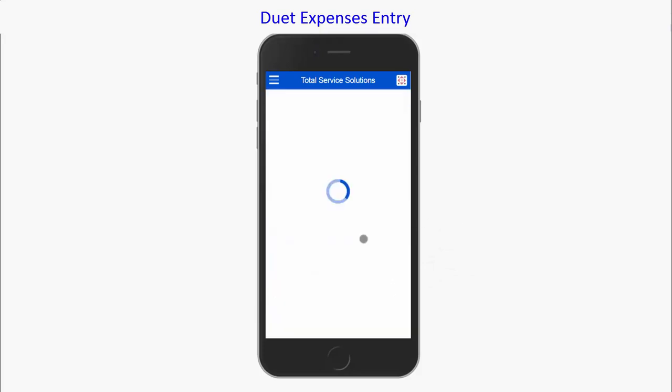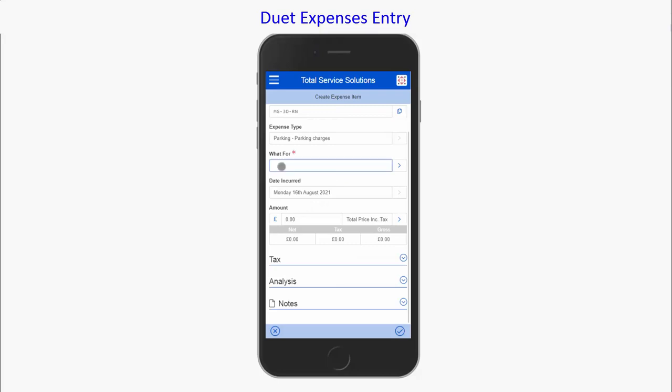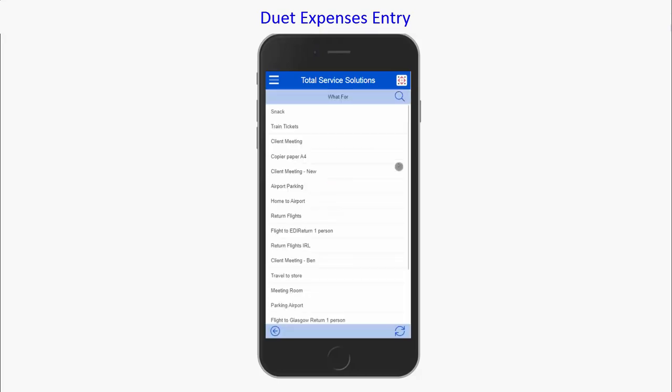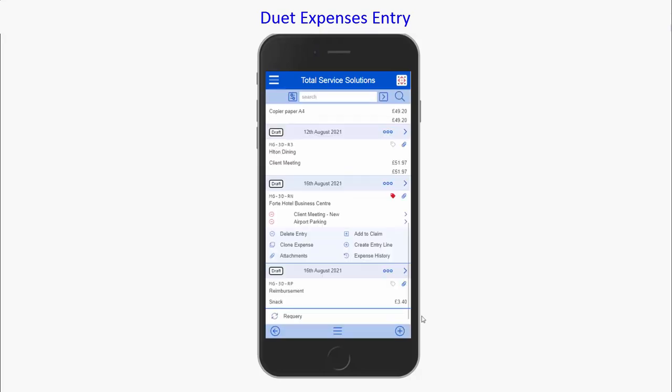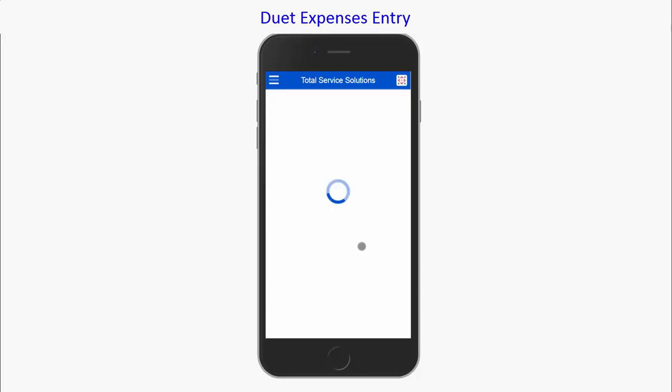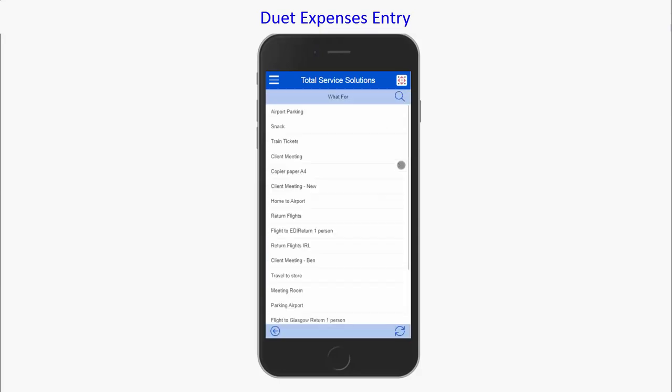I'll quickly add these entries and we will be able to see a multi-line expense. Details of parking charges. Enter receipts for food.